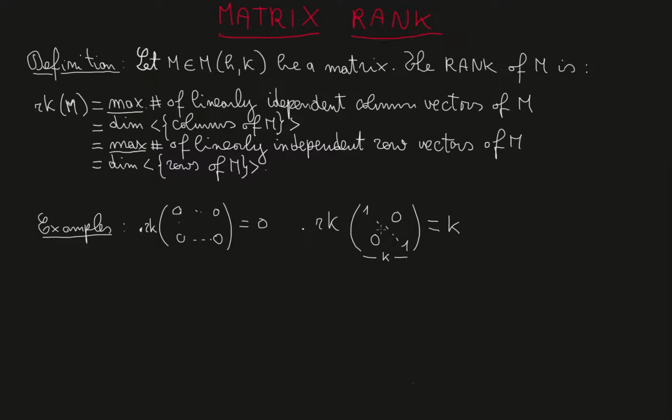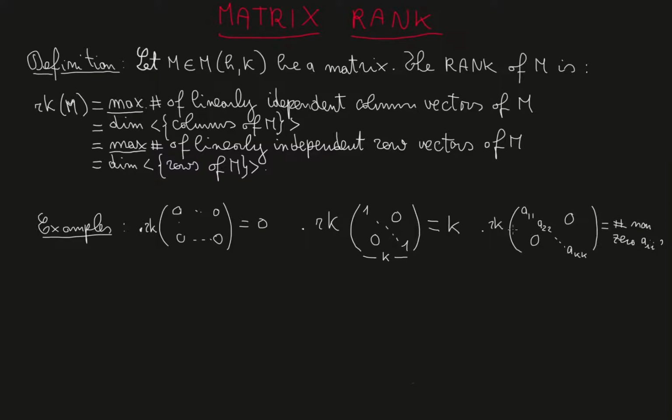Being a basis, the vector space generated by these vectors is the whole vector space, all of R^k. Therefore, the rank of this matrix is k, so it's the maximum possible rank.